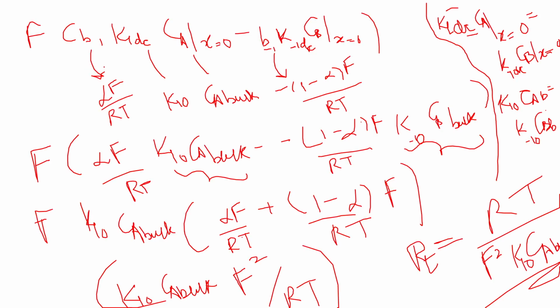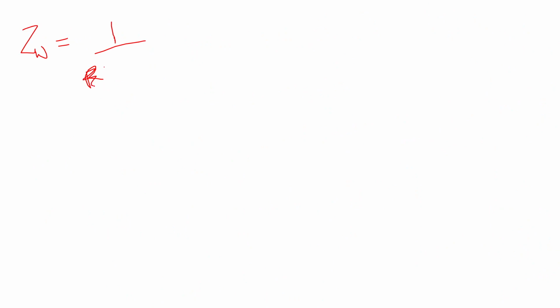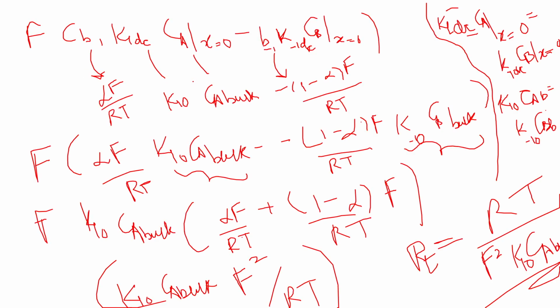So I'll write just the denominator part first, which is K10 stable F square by RT.